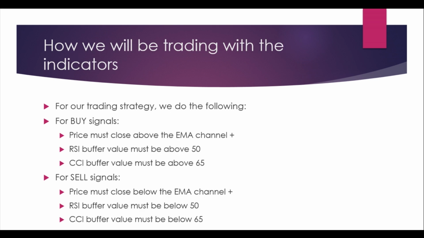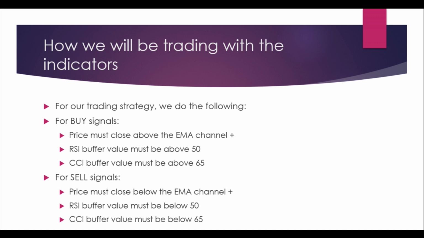How we will trade this is we are going to combine these indicators into the following basic strategy. We're going to take the current price and the previous price, and first compare: is price closing upwards or downwards?